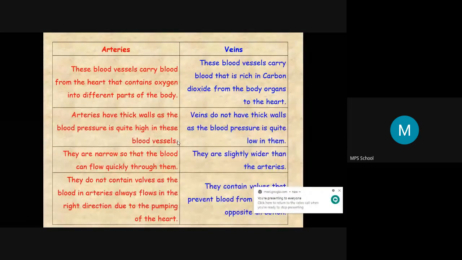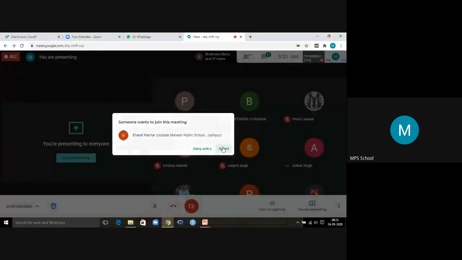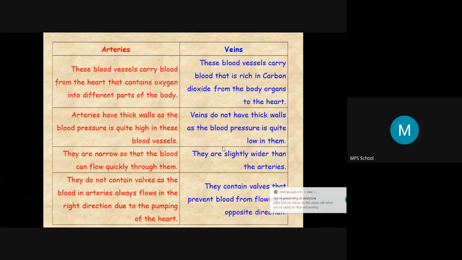So arteries are thicker and veins are thinner in size. And in arteries the blood flow will be narrow so that it can quickly reach the other parts of the body. And in veins it is slightly wider compared to the arteries.